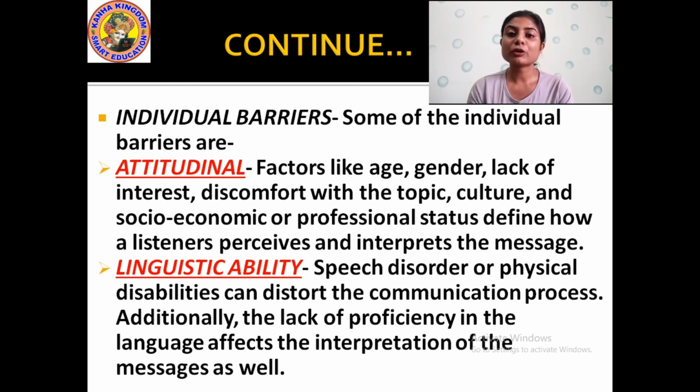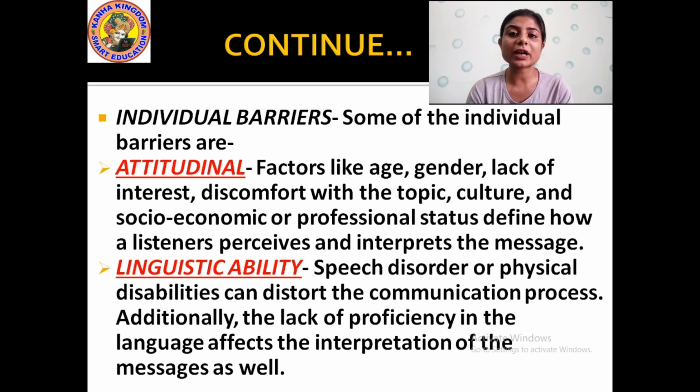You must send me a message in a language which is understandable by me, not the language which I do not understand. So, that is where the linguistic barrier comes.